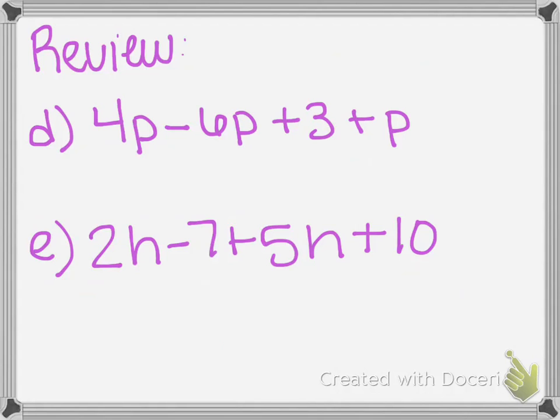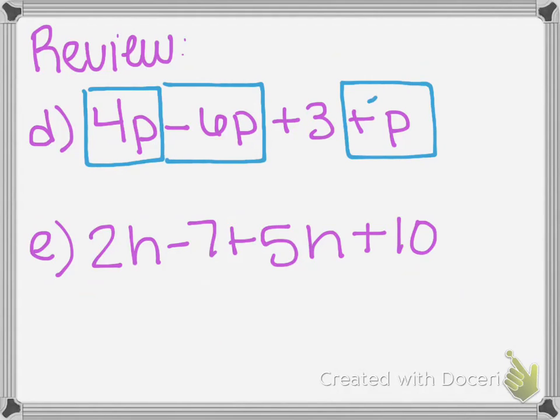In this problem, we have 3 terms with a p, 4p minus 6p plus p, and don't forget there is an invisible 1 in front of that p. So let's break this down. I'm going to do some work off to the side. 4p minus 6p would equal negative 2p.